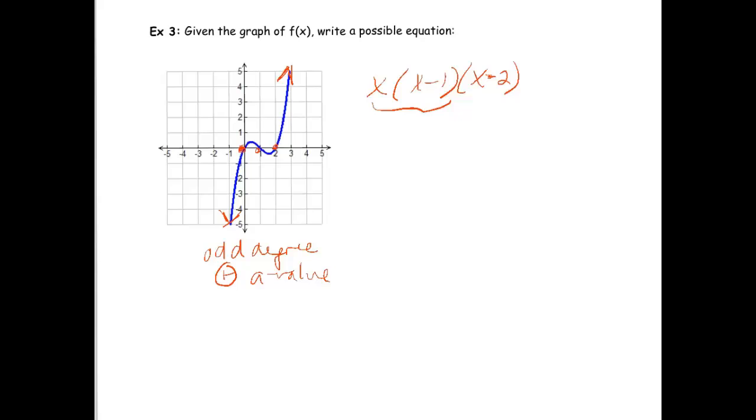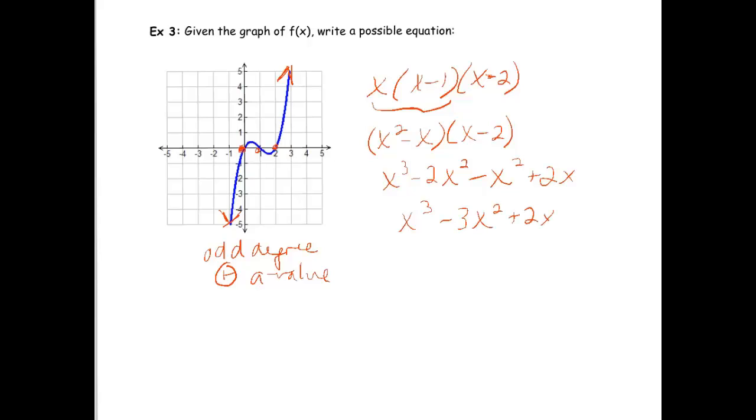Okay, let's multiply these two to get x squared minus x. And then we want to multiply that with x minus 2. So that gets me x cubed minus 2x squared minus x squared plus 2x. So that simplifies to x cubed minus 3x squared plus 2x.